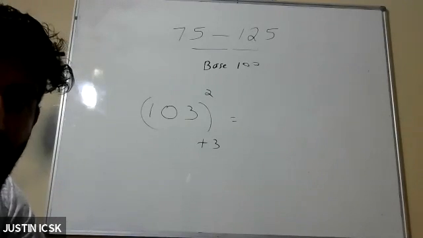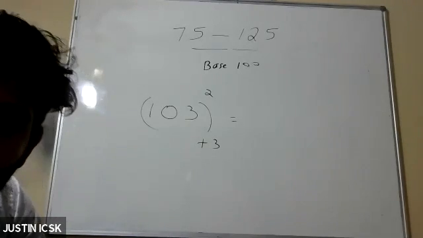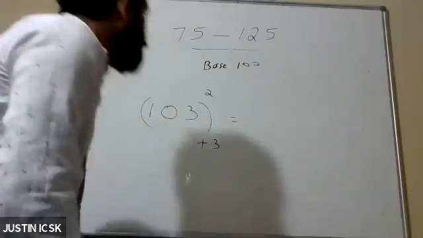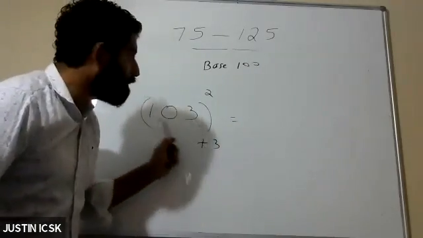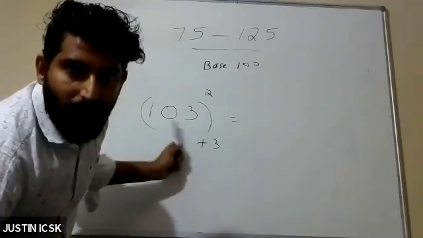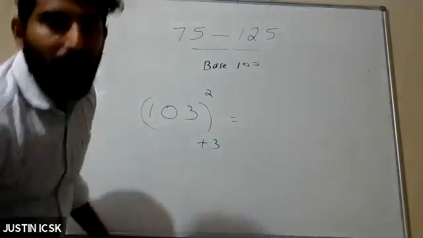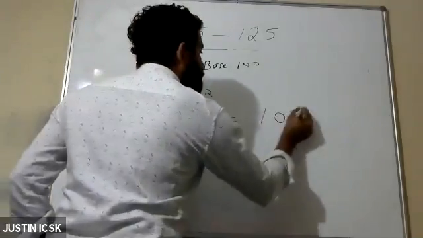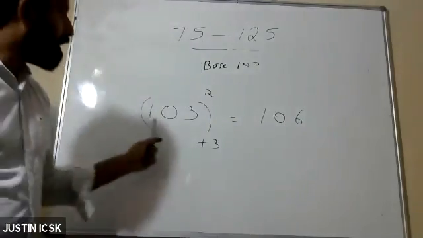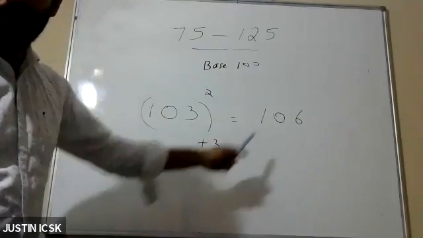Now no need to take 25 plus here. What you have to do is take this 103 plus 3, just add these two numbers. 103 plus 3 is 106.